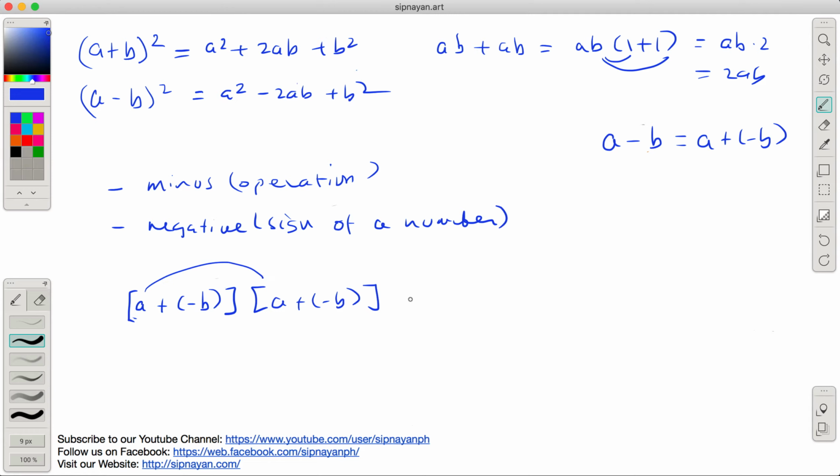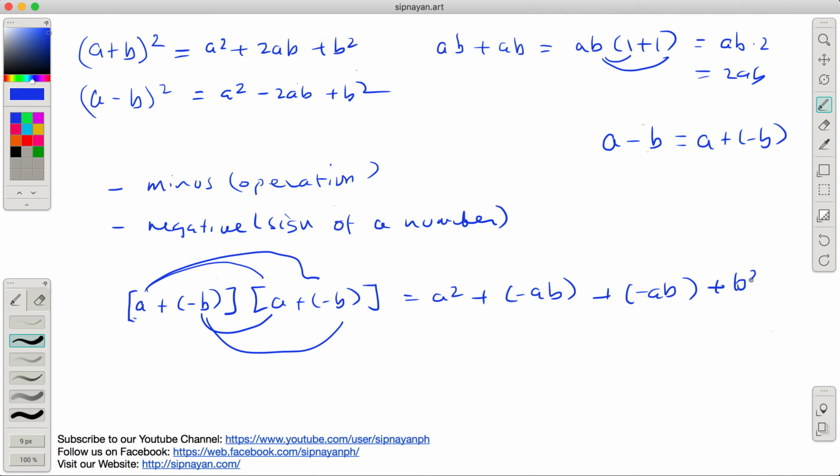Yung A times A is A squared, plus A times negative B is negative AB, and then plus, ito naman, negative B times A is negative AB, and then ito, negative B times negative B is B squared, di ba? Negative B times negative B. So, this is positive. Negative times negative is positive. B times B is B squared. Okay siya, positive B squared or plus B squared.